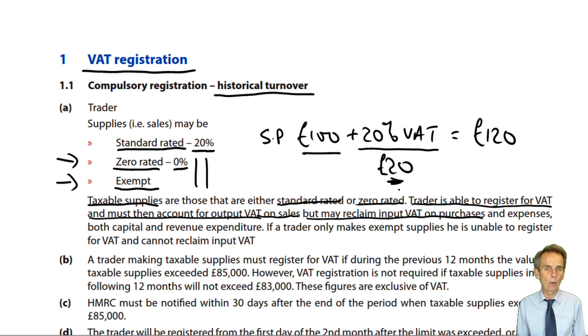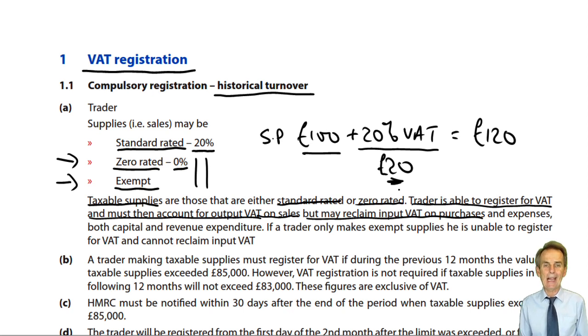Well, any input VAT that we suffer on our purchases, on our other expenses that we incur, in terms of our VAT return, in terms of how we account for VAT, how do we determine what amount, if any, we, a trader, have to pay over to HMRC in relation to our specified VAT return time period?